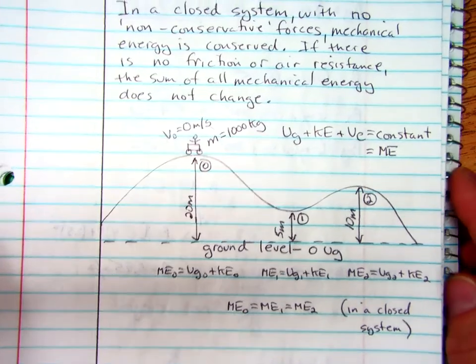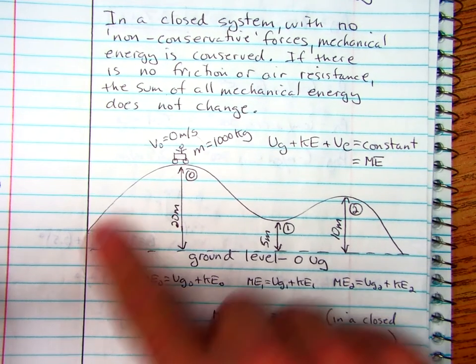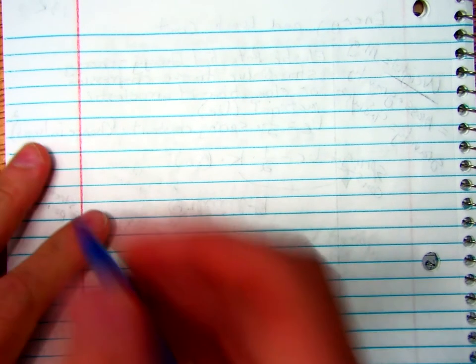Okay, we're going to do this example, solving problems using conservation of mechanical energy, and we're going to use this example from the notebook, this roller coaster example. One question that you might encounter when doing these types of problems is, what is the velocity of the roller coaster at position 1 and position 2?